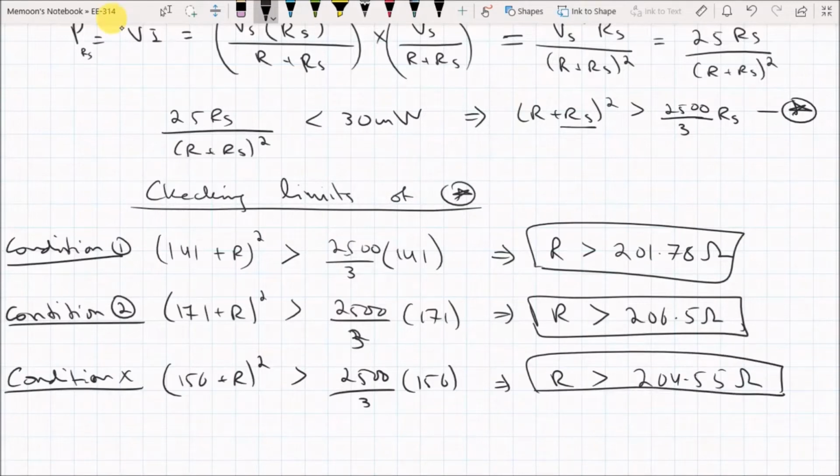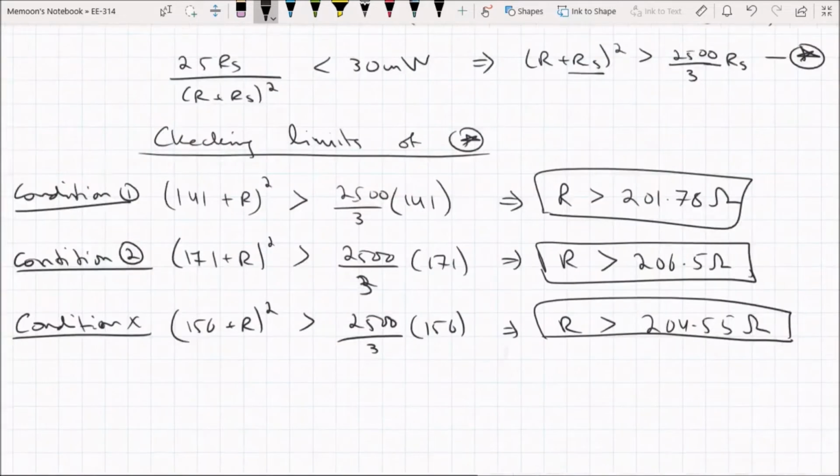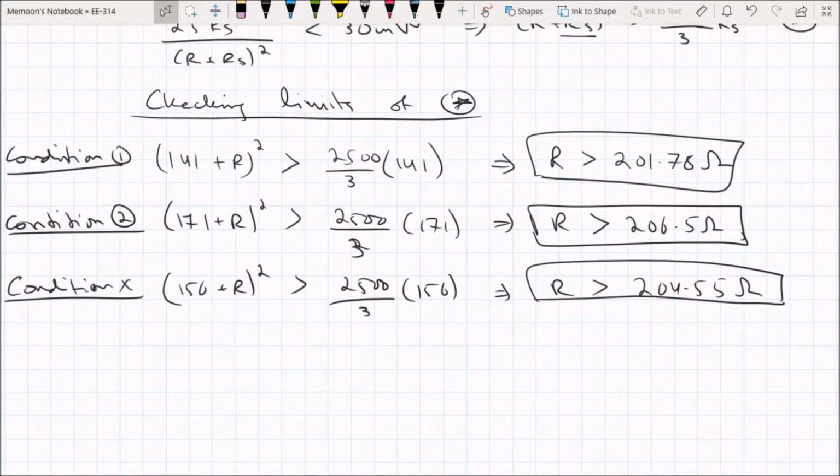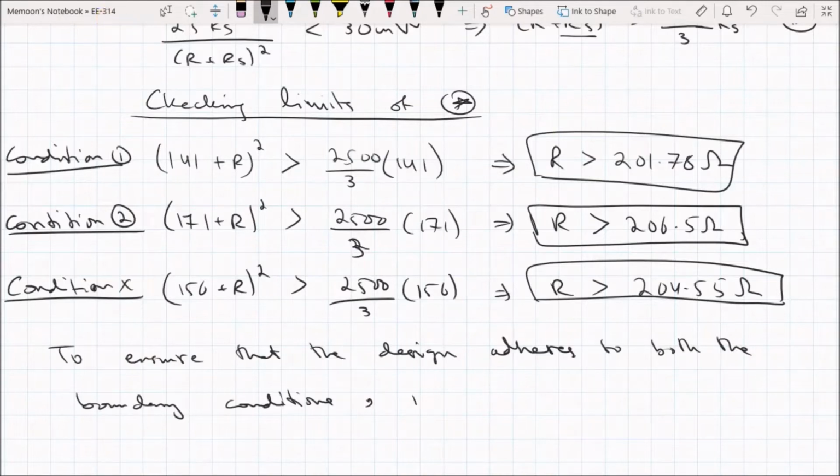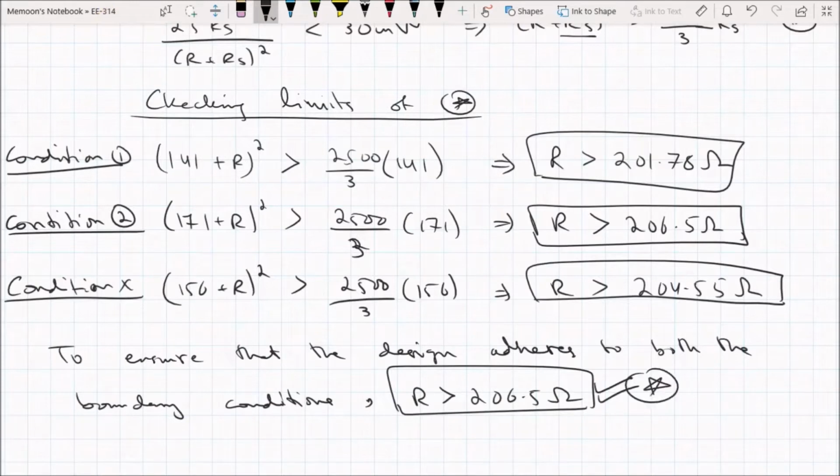So this is in the middle of these two values as expected. This means that we just have to find the boundary conditions, and to satisfy that our design adheres to both these conditions, we should take R greater than 206.5 ohms. So that is your correct answer.